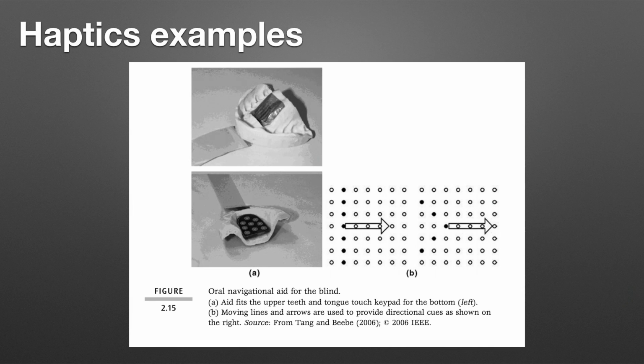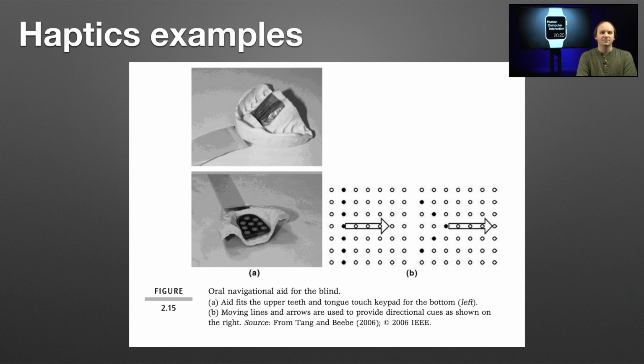So it can sense objects in space and convey that through haptic vibrations through the device to the user. And there are certainly a lot of examples of things like this. If you start to look at research in haptics, you'll definitely see a lot of applications for impaired vision.